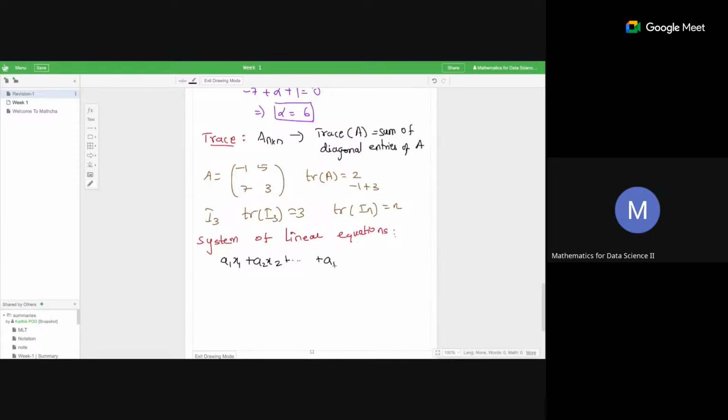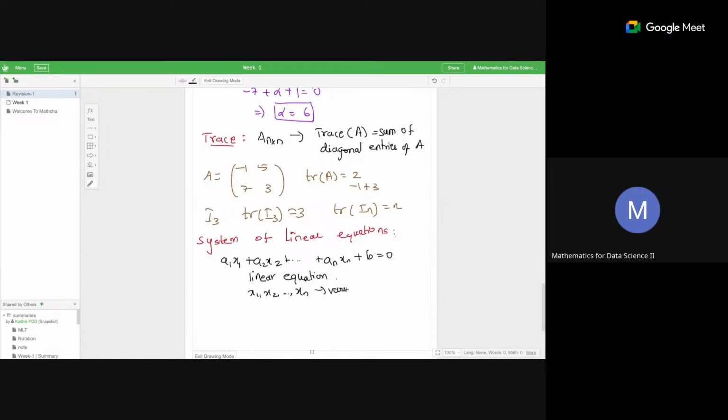You may have any n number of variables, but the powers of these variables are just 1. Such an equation is called a linear equation. How many variables are here? n variables. So x1, x2, xn, these are the variables.